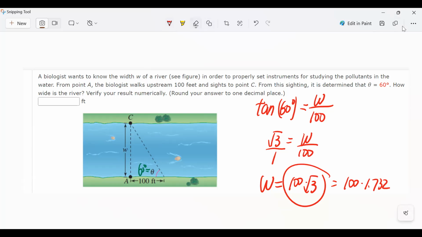Or if you want to use a calculator, no problem. You can always use a calculator. We don't have to memorize radical 3 here. W is approximately equal to 100 times radical 3, rounded to one decimal place.